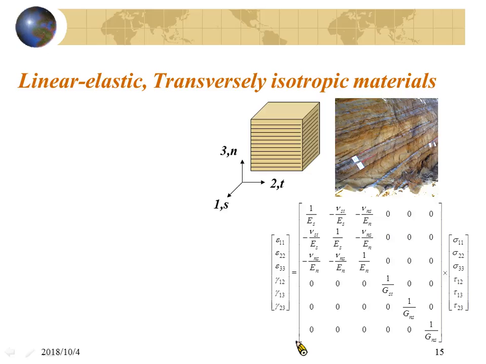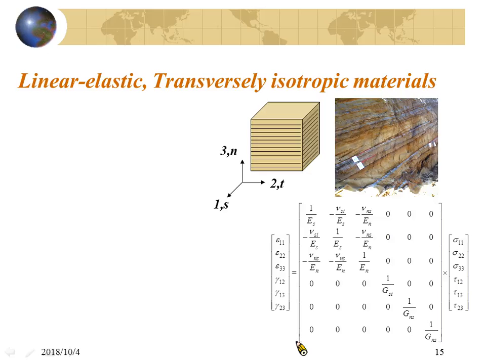How many elastic constants do you have? You will have 2 Young's moduli, 2 Poisson ratios, and 2 shear moduli. So totally you have 6 elastic constants for the stress-strain relation for a transversely isotropic material.